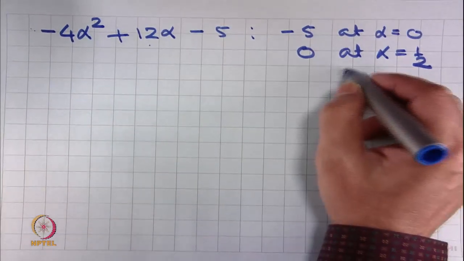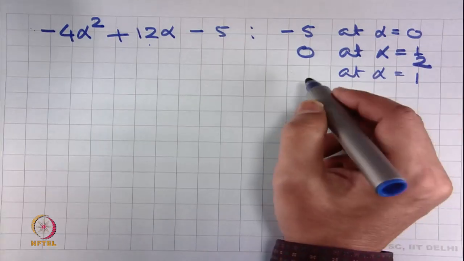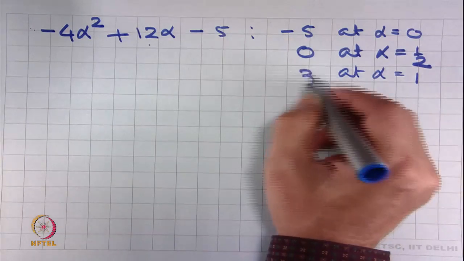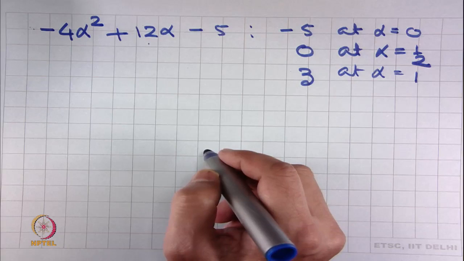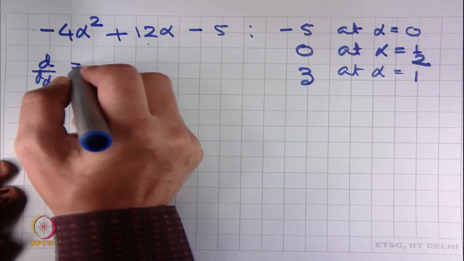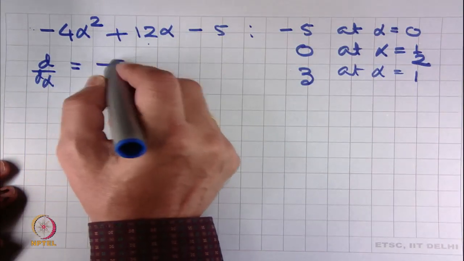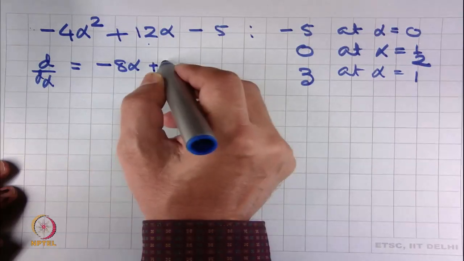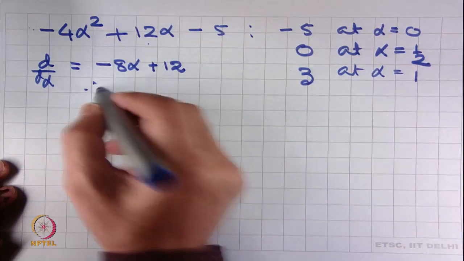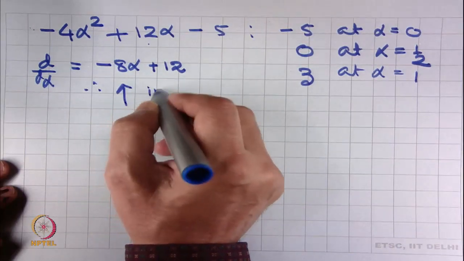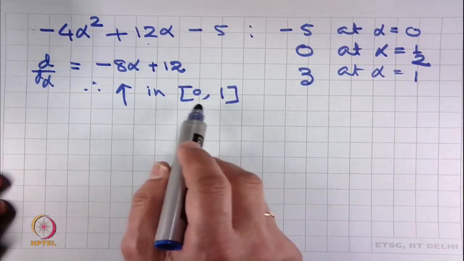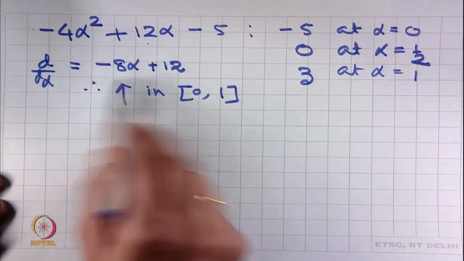And at alpha is equal to 1, its value is going to be minus 4 plus 12 minus 5 is equal to 3. Derivative is minus 8 alpha plus 12. Therefore, it is increasing in 0 to 1 values for alpha, because throughout it is remaining positive.